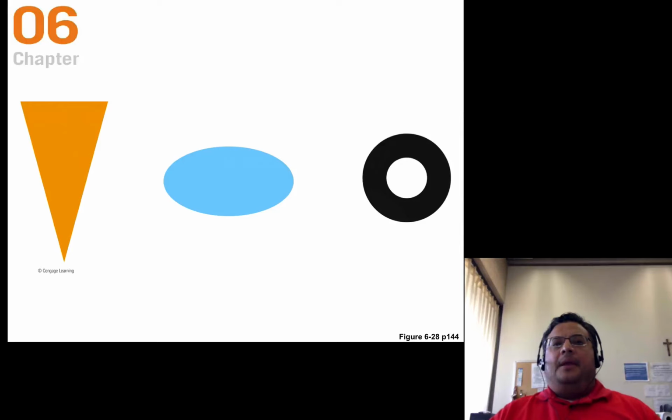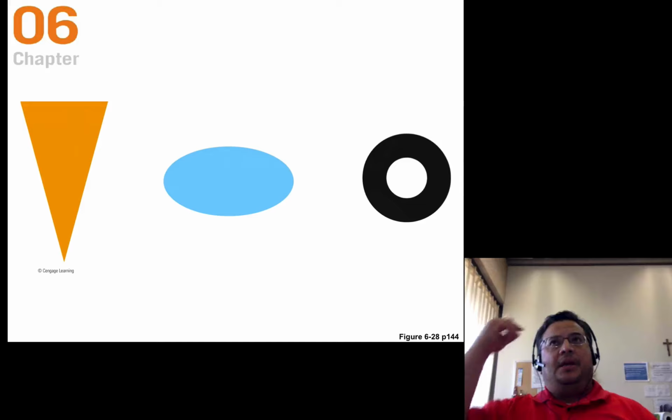However, if you tell people that instead of looking at a triangle, an oval, and a circle, they're looking at a carrot, a lake, and a donut, this completely eliminates this effect of mixing up features. Now, why is that? Well, because there's top-down processing involved.